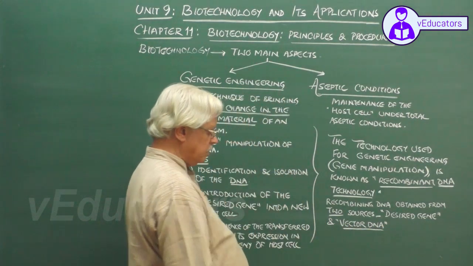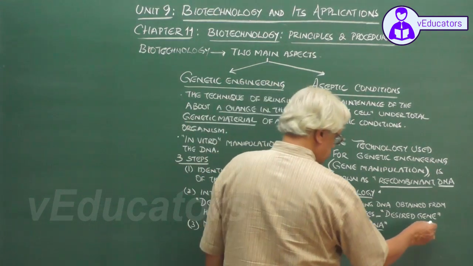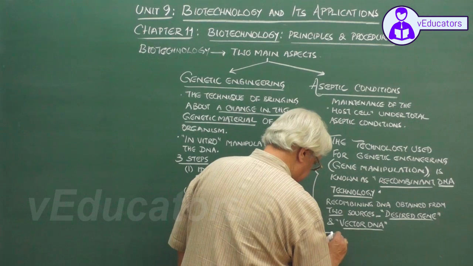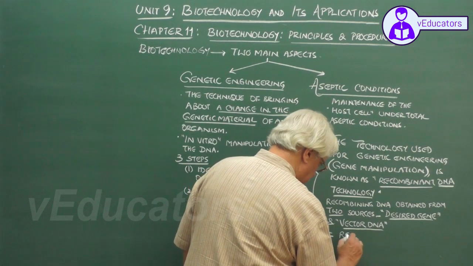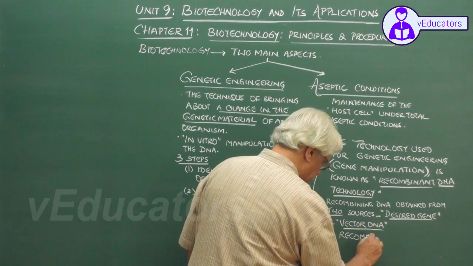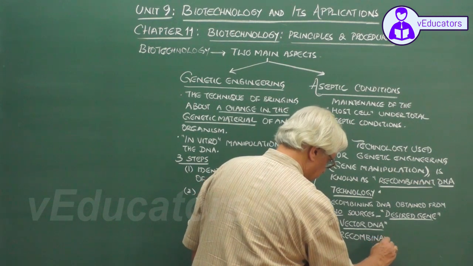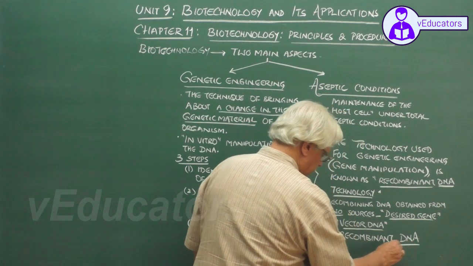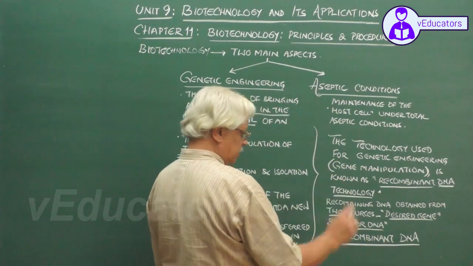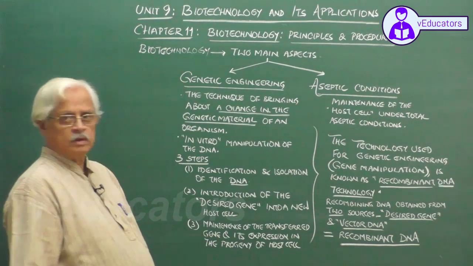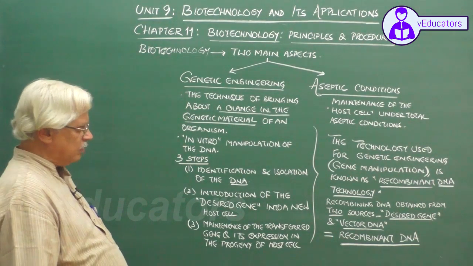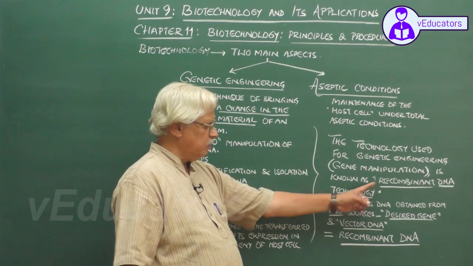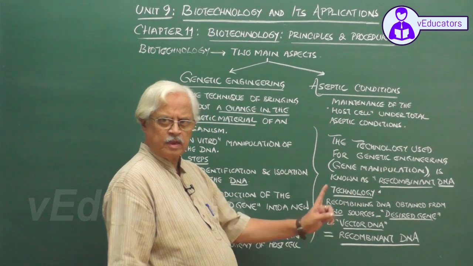So you are going to combine desired gene and the vector DNA, and the resulting DNA is called recombinant DNA. Therefore, this technology is known as recombinant DNA technology.